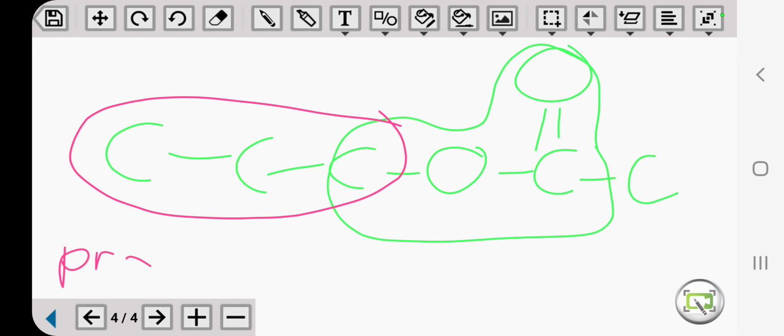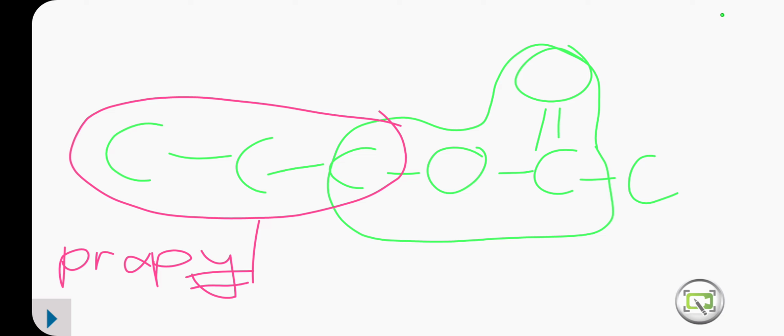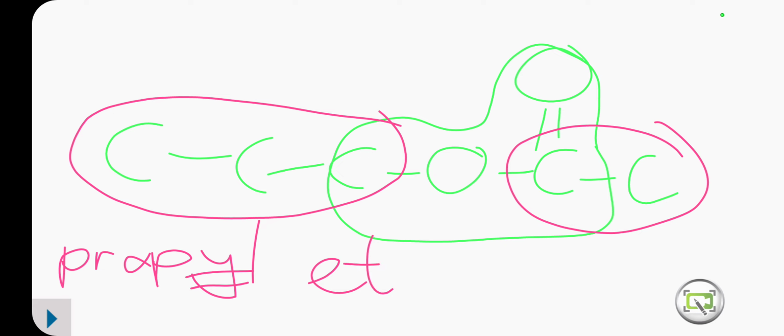So in this case it will be propyl. Always first has an alkyl group, a propyl, because it has 3 carbons. The second part of the name comes from the carboxylic acid. In this case, the carboxylic acid had 2 C's attached to it, so it is an eth. Therefore, it is propyl ethanoate.